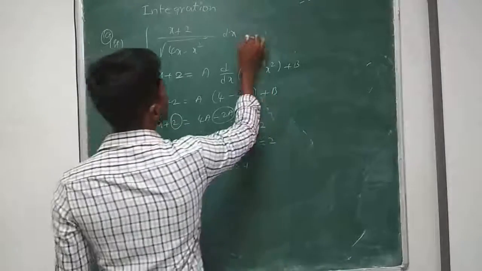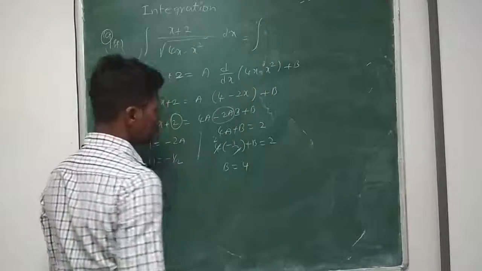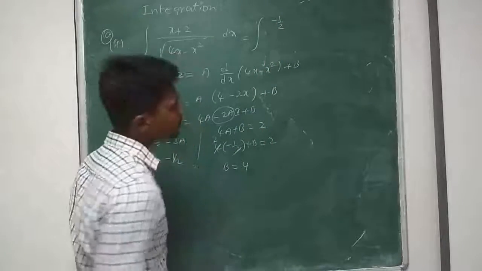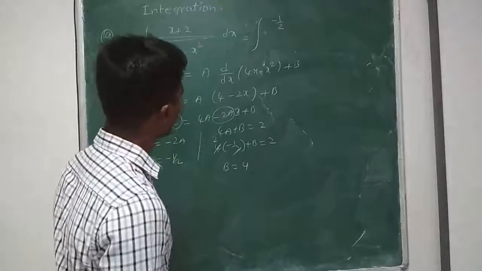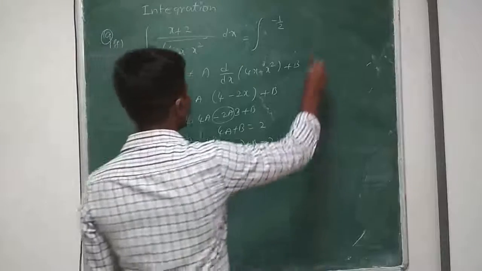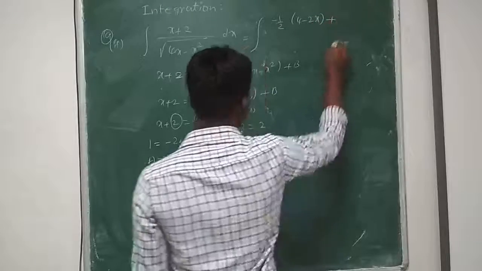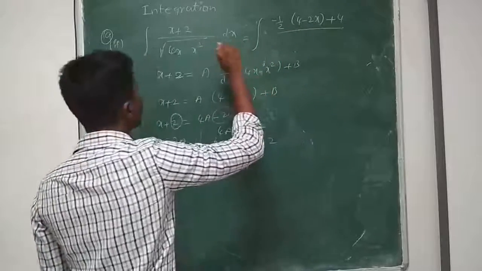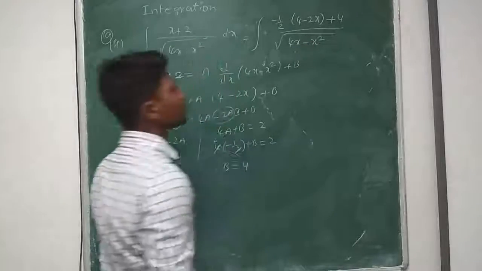Now the given integral is reduced to the form integral of minus 1 by 2 into (4 minus 2x) plus b, where b is 4, by root over 4x minus x square.